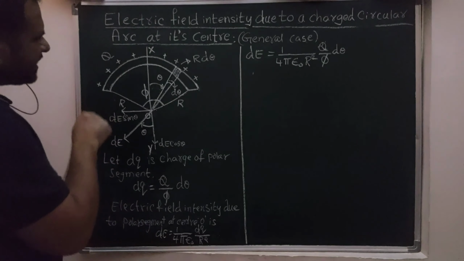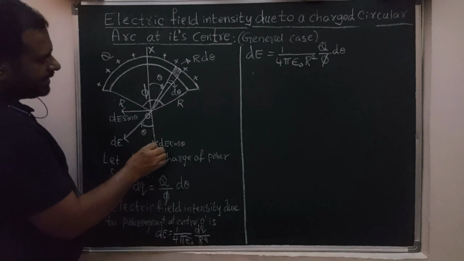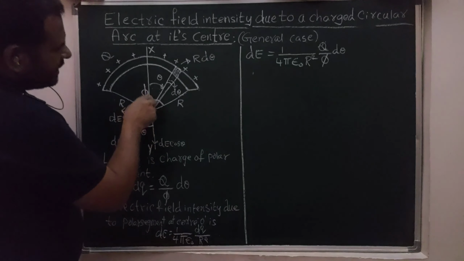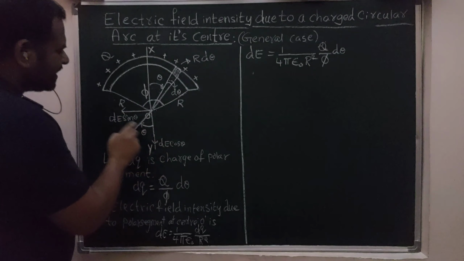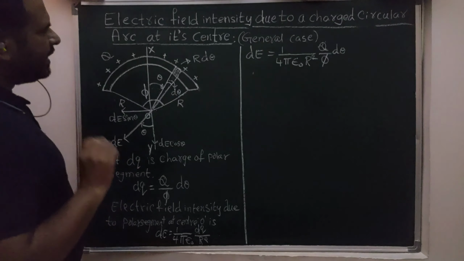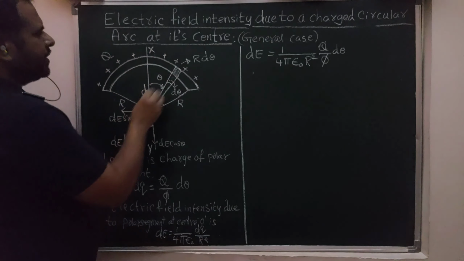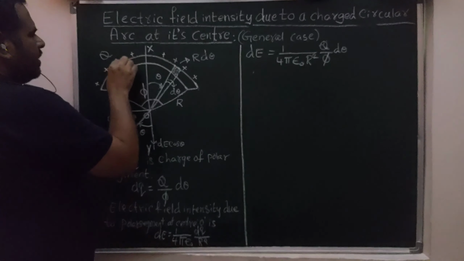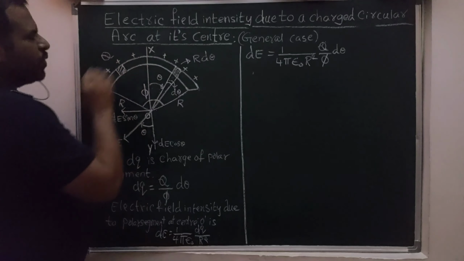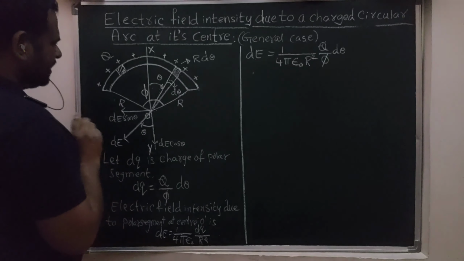Now, in which direction is the resultant field, along dE cos theta or dE sin theta? For that, take the mirror image of this polar segment. The mirror image has the same width, r d theta, and the same charge dq.